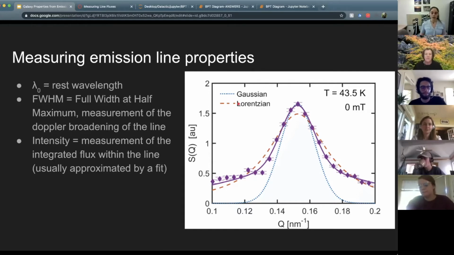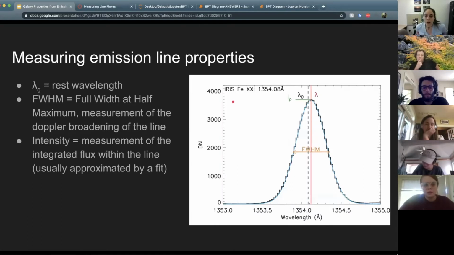And there might be other sources in a galaxy that are emitting light at those wavelengths at either side of your emission line, which will make it even harder to measure the Lorentzian broadening. So by ignoring that part and focusing instead on the Gaussian profile of the line, we can find the intensity of a line by fitting emission lines to Gaussians.